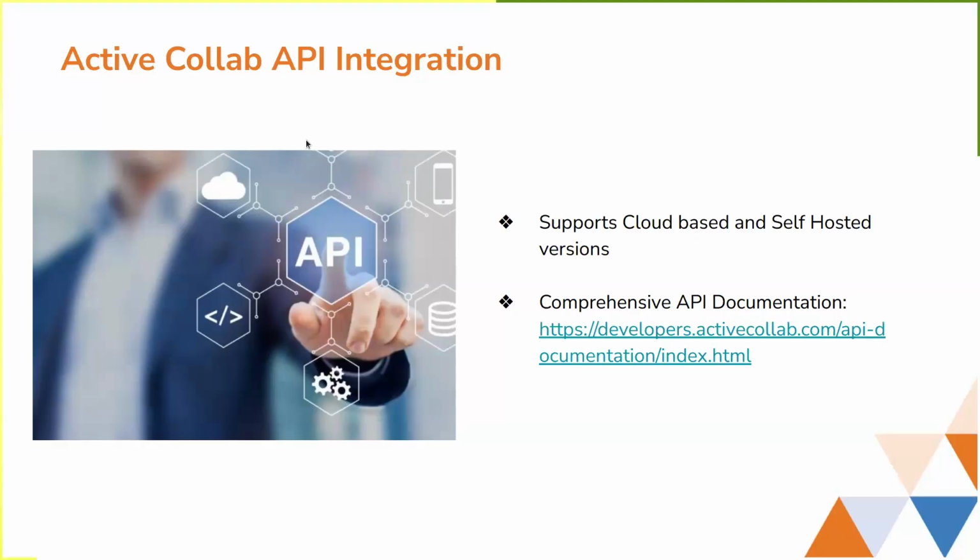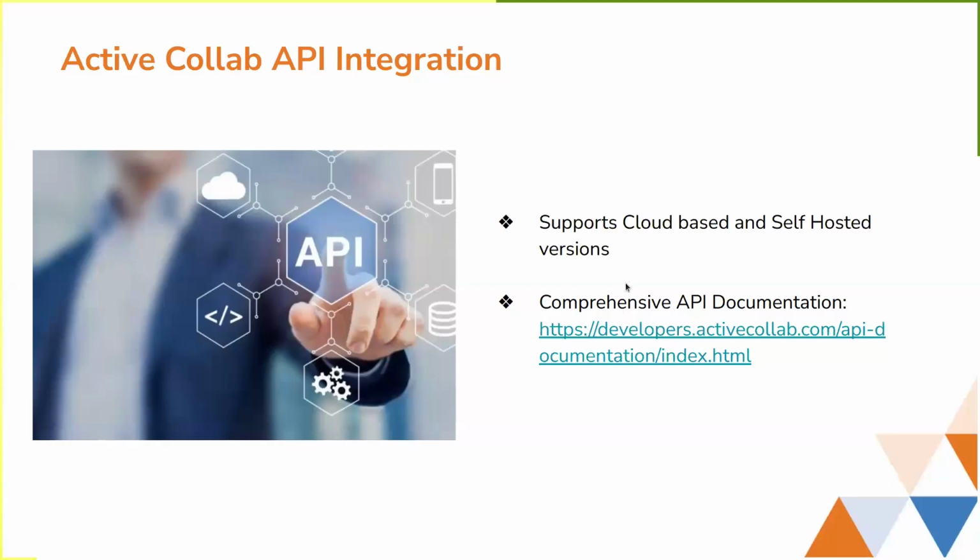If you are using cloud-based ActiveCollab, then it provides API documentation for you where you can use those particular APIs in your functions and connect it to the agents to get the response that you need.